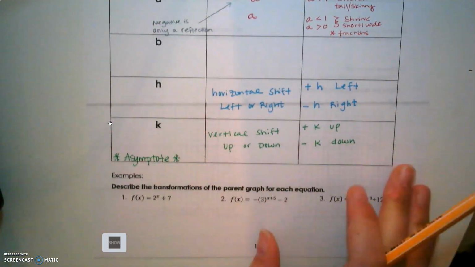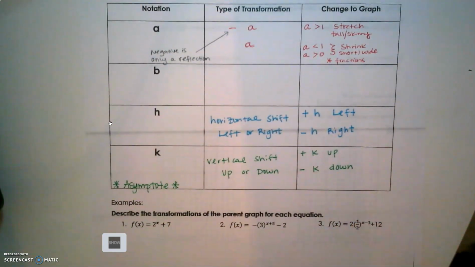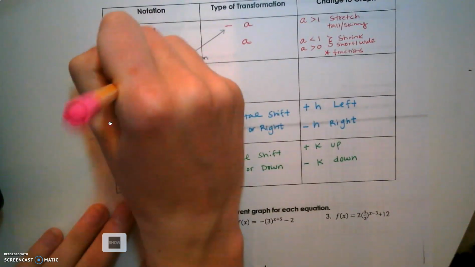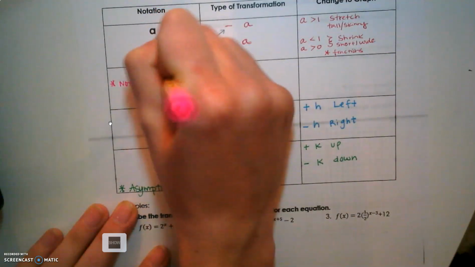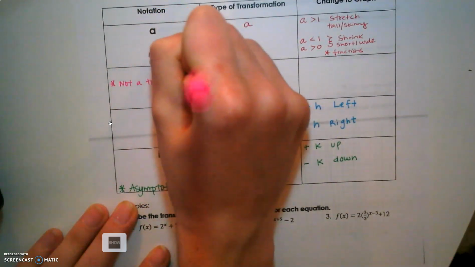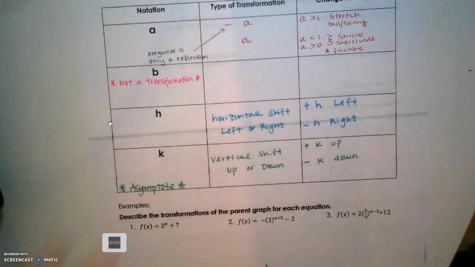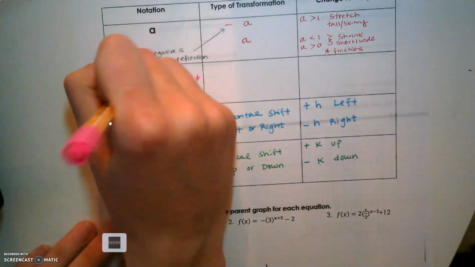Your B value. Your B value is actually not a transformation. So let's write that down. It is not a transformation. It's a parent function.